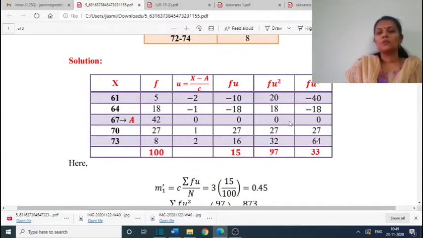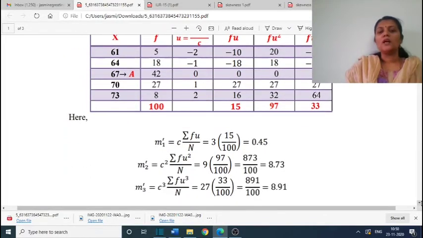Now fu cube is equal to fu square into u, 20 into minus 2, minus 40, 18 into minus 1, minus 18, 0 into 0, 0, 27 into 1, 27, 32 into 2, 64. So the total is 33.